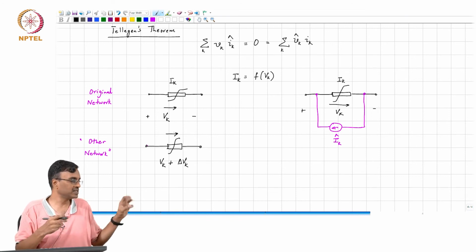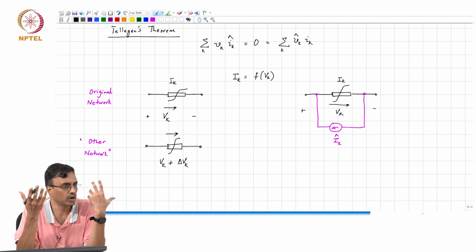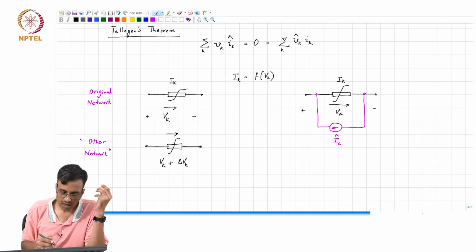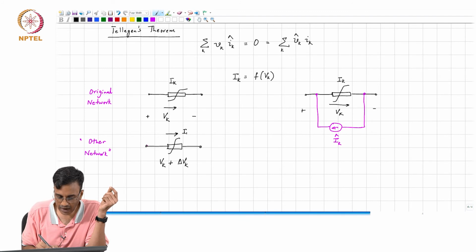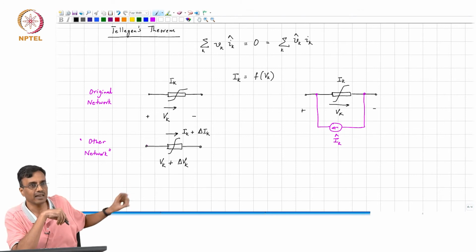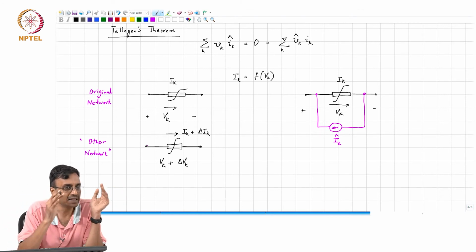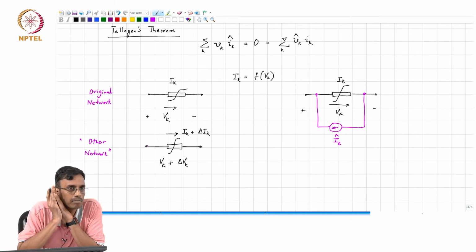You take a network and change one source, what happens? All the branch currents and the branch voltages change. So this current is going to be Ik plus some delta Ik. Remember that these delta Vks and delta Iks need not necessarily be small at this point, right? They change. That change is that capital delta.